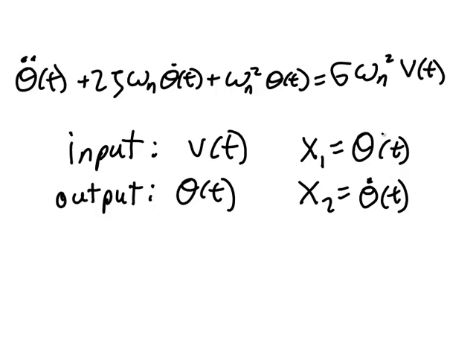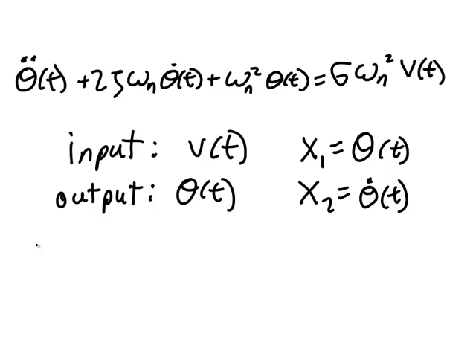Now, for the signal v of t, I don't need to have any state variables for that because the highest derivative of v of t is the 0th derivative. So I do not need to have any state variables for v of t. Now, I'm going to write my first state equation.